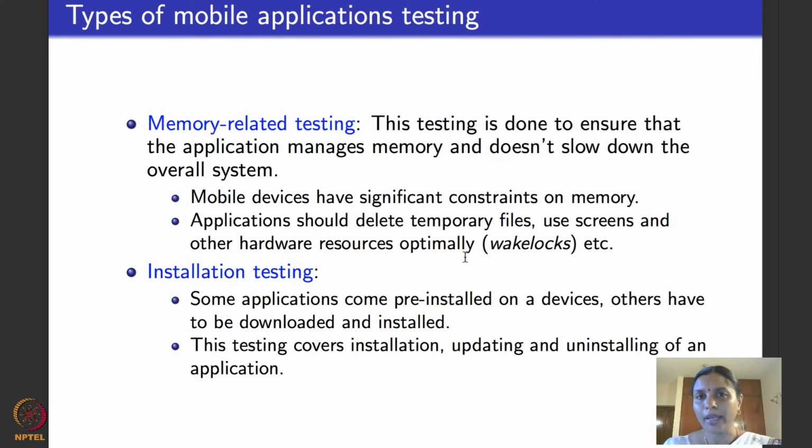For a mobile app, when it's managing memory, it should mean that the app deletes temporary files, uses screens and other hardware resources optimally. What do I mean by optimally? So if you've developed a mobile app, you would be aware of a feature called a wake lock. Basically, wake lock tells you what to keep active and what to suspend.